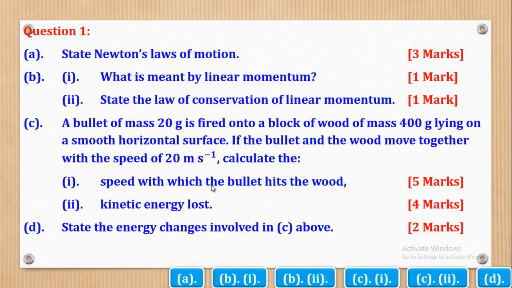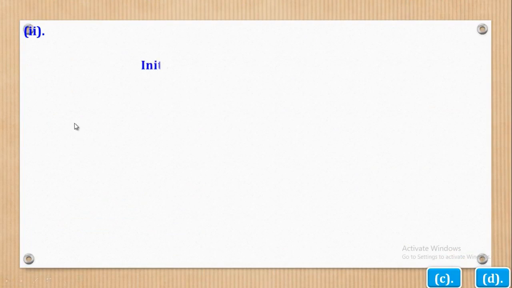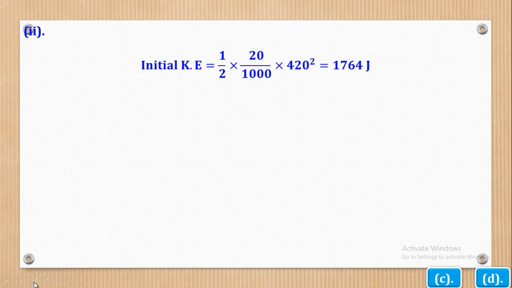So now we shall go to part C, Roman 2. Part C, Roman 2 says, find the kinetic energy lost. So we shall first get the initial kinetic energy, which is a half m u squared. So u was this.